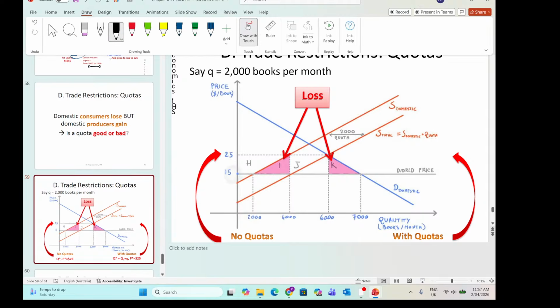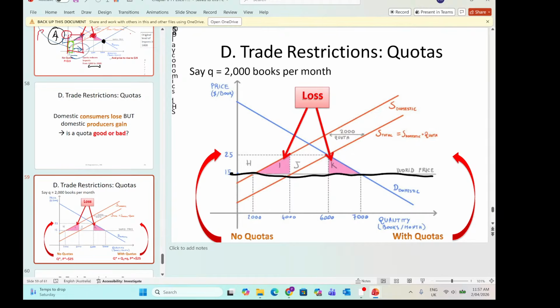Firstly, under free trade, I'm showing in black, at the world price, consumers bought 7,000, and we could show the consumer surplus by the black triangle.